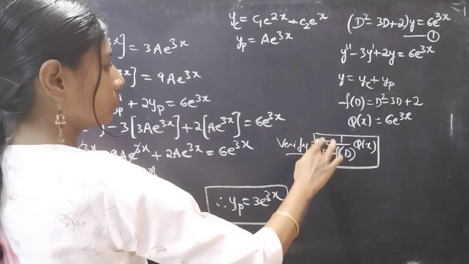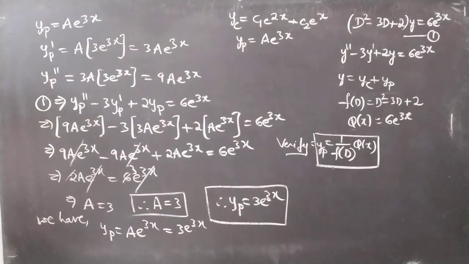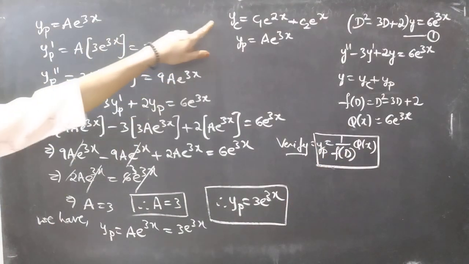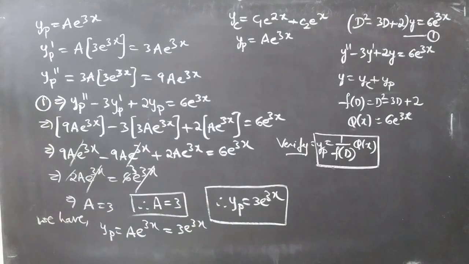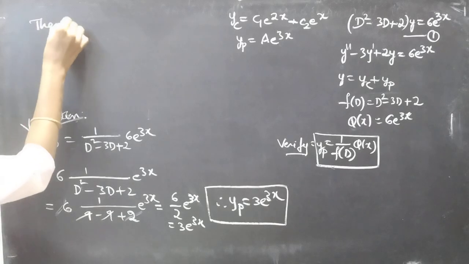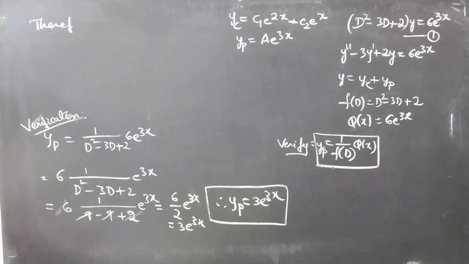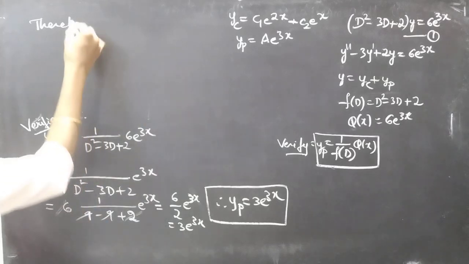This is a verification part for yp, and you got the same thing, 3 e power 3x. Now we got yc and yp. Let's now find the general solution to the problem.